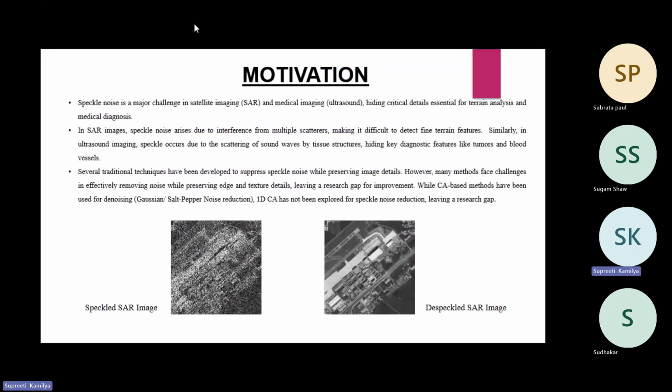You can go and check. Okay. That one is not the SAR image. A SAR image should not look like this after denoising also. So I guess we have... I'll just go and check. Thank you. Yes, sir.